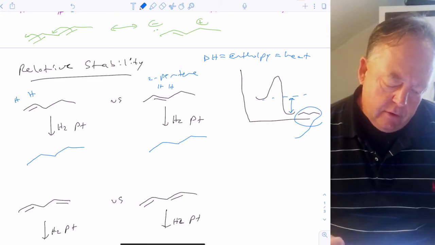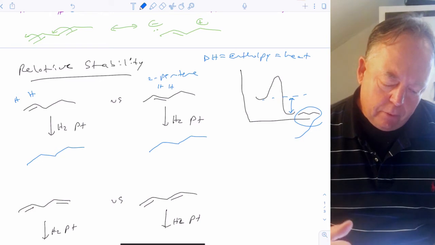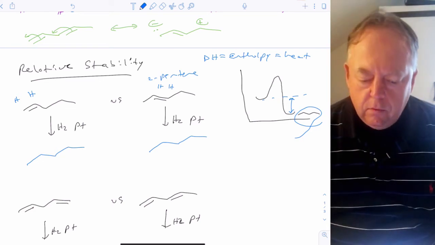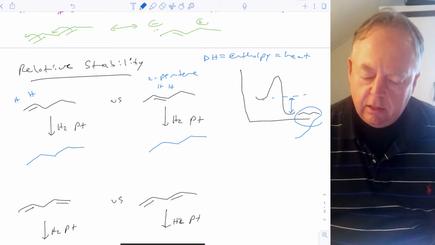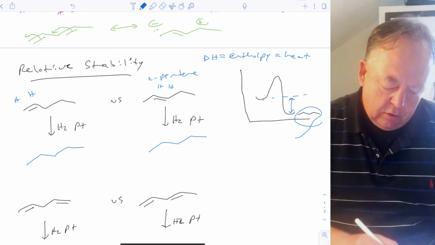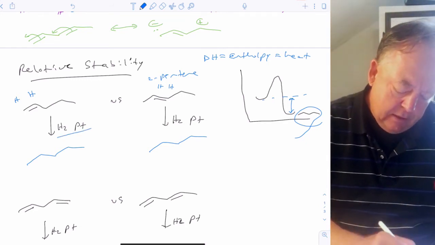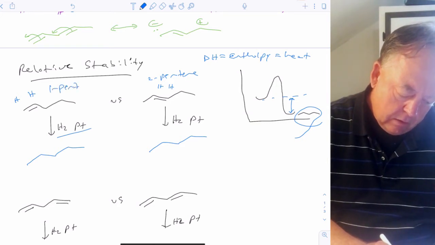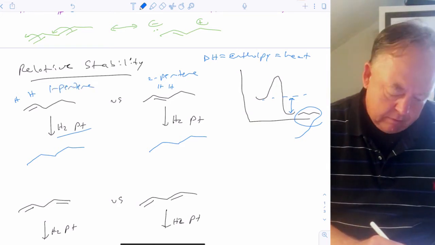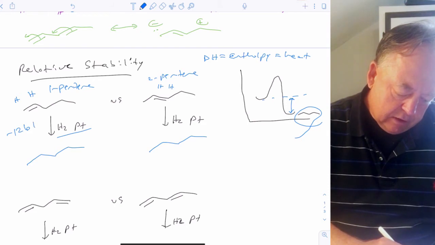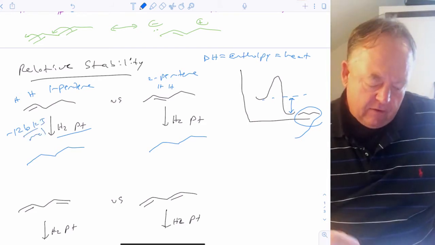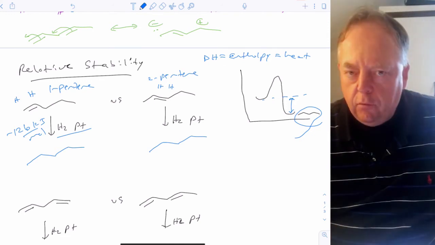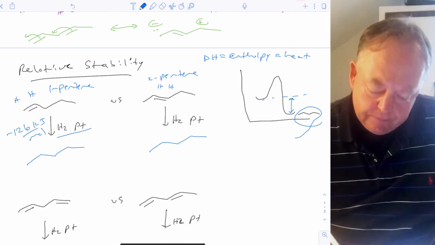So if we look at how much heat comes off per gram or whatever per mole, then we can figure out the stabilities of the different alkenes. So if you did this for the 1-pentene, then the heat that comes out of this is negative 126 kilojoules per mole. So it's exothermic. It gives off, for every mole of 1-pentene, it gives off 126 kilojoules of energy.